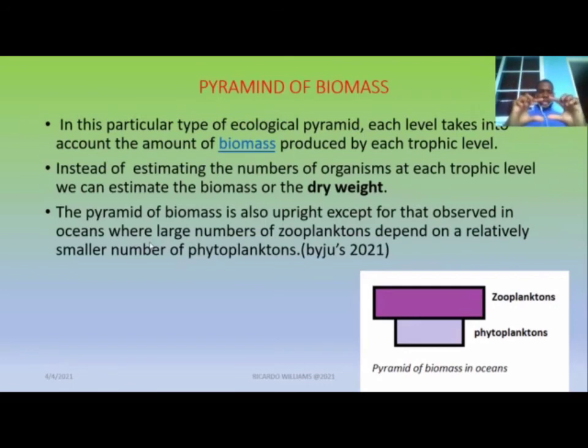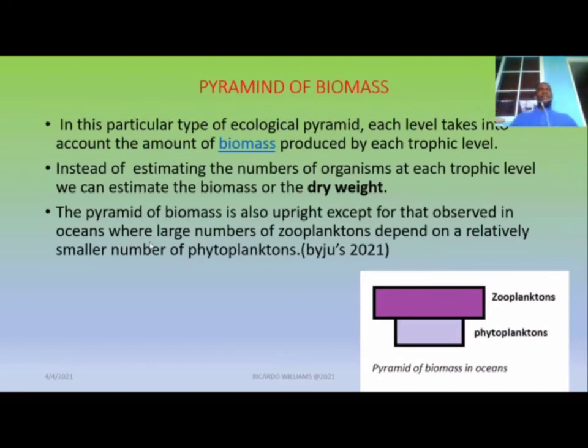So we're going to put a segment to represent that weight. And then we move to the primary consumer level. Get up all the primary consumers within that ecosystem, put them in the oven and dry out all of the water and leave the body tissue. We call it the dry weight. And then you put a segment to represent that dry weight.